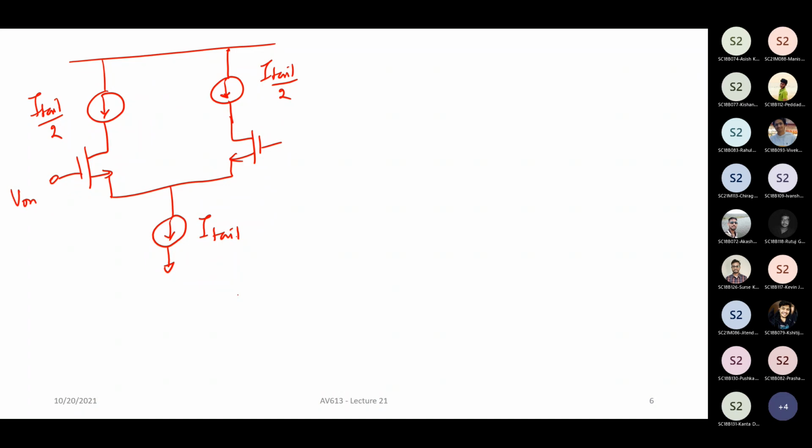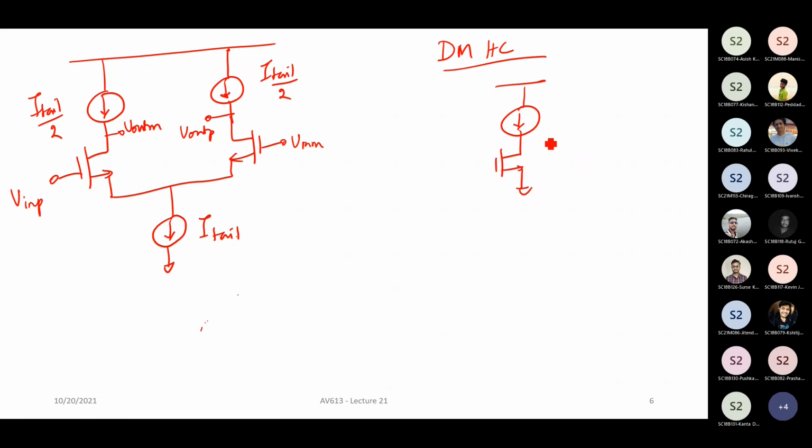Let's say this is V in P, this is V in M, this is V out M and this is V out P. Now, if you take the differential mode half circuit, this is basically a current source with only this one. And this gain ADM is nothing but gm1 times ro1.